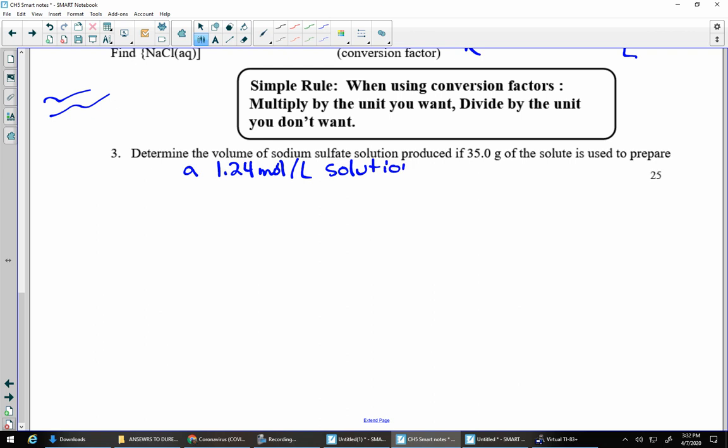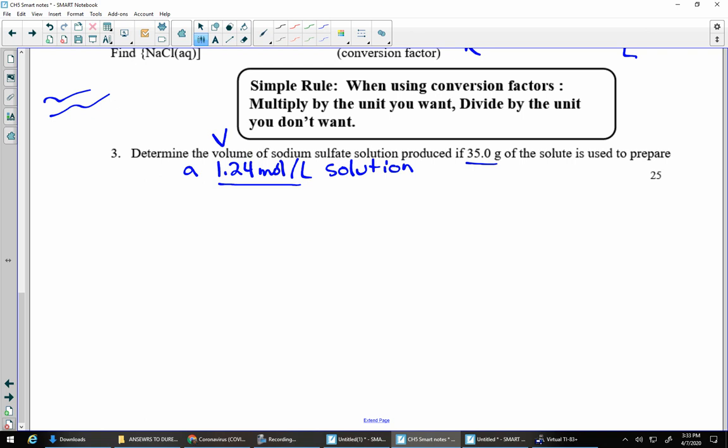So I'm just rewriting this so it's all on one page. Determine the volume of sodium sulfate solution produced if we've got 35 grams of the solute preparing a 1.24 mole per liter solution.